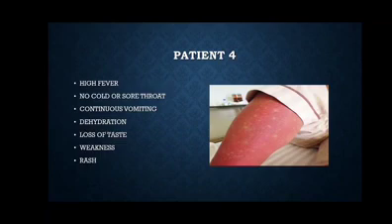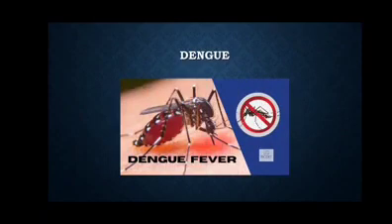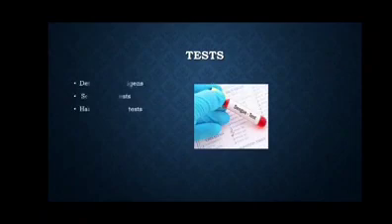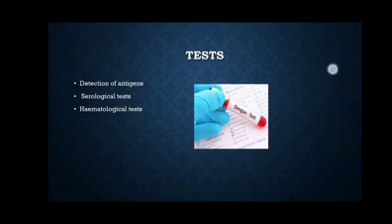So, after looking at these symptoms such as low platelet count, that is thrombocytopenia, along with fever and other symptoms, we can come to an anumana that the patient might be infected with dengue. And to confirm this, the doctor may suggest pathological tests such as detection of antigen, serological tests, and hematological tests.